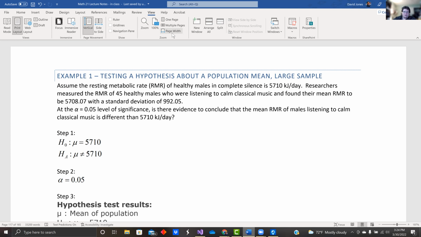I'm guessing that is how well your body is digesting when you're not doing anything. And maybe they measure that by the amount of energy, because a kJ is a kilojoule, a unit of energy. So maybe it's measuring how much energy you output in normal digestion when you're just relaxed. And they mention complete silence. So not only are you resting, but it's quiet.